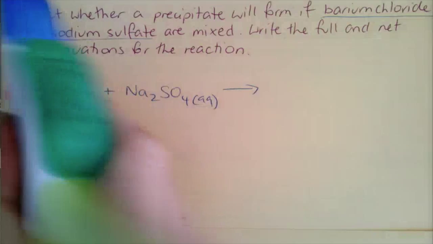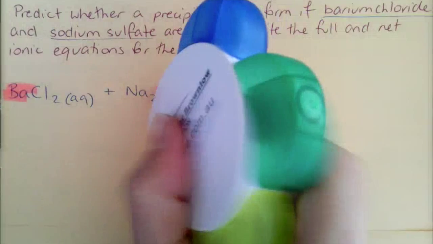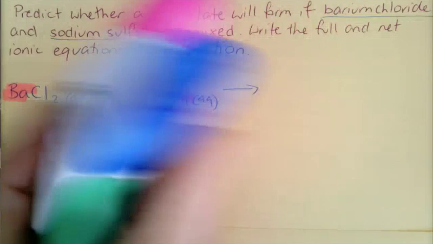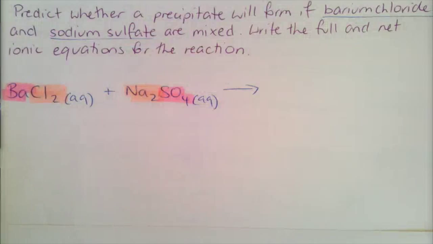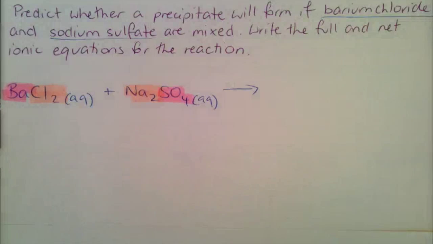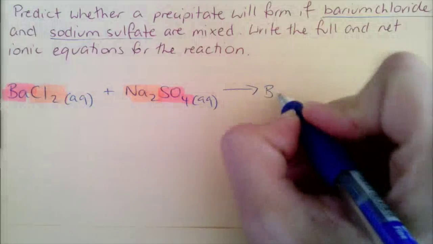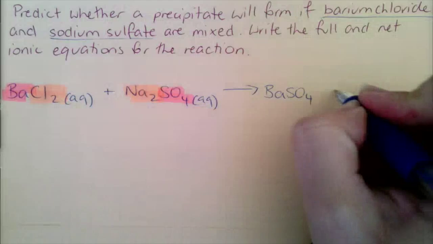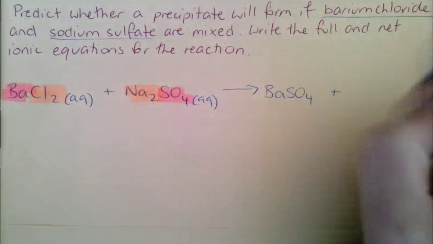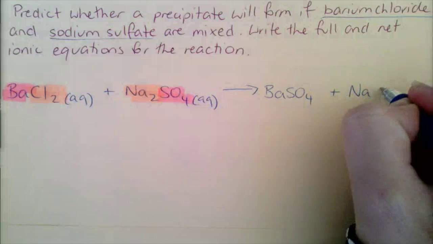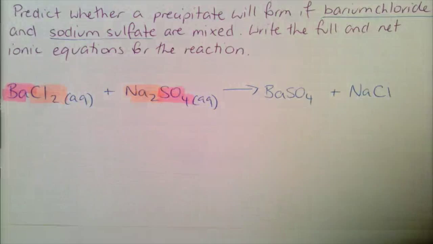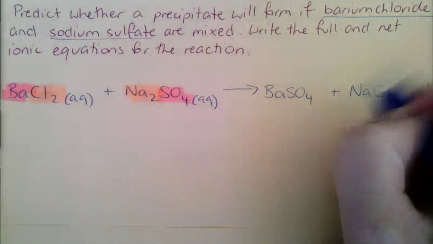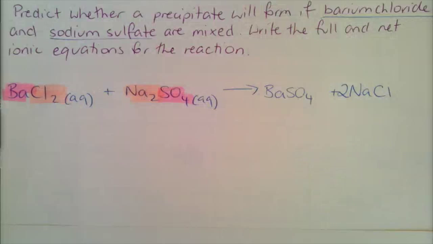So the metal of the first joins with the non-metal of the second, and the metal of the second joins with the non-metal of the first. And so what we end up with is barium sulfate. They both have a valency of 2, and sodium chloride, they both have a valency of 1. Let's just quickly balance this. So I've got 2 there, I just need to put a 2 here, and now I've got a balanced equation.